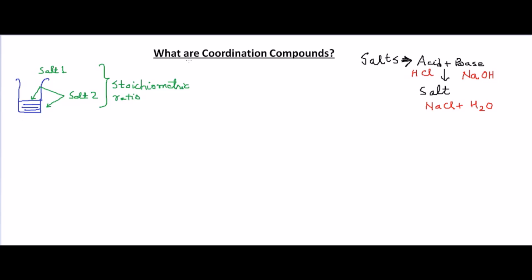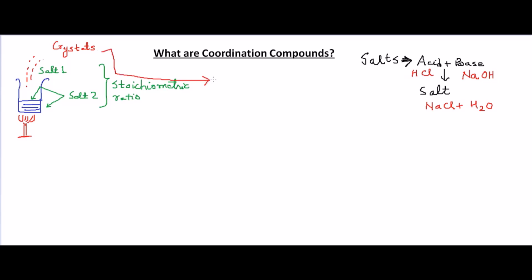When this particular solution containing two salts, or more than two salts is also possible, is evaporated, then we get crystals. Solid crystals of salt, that salt is regained again, and this kind of salt falls in two categories.